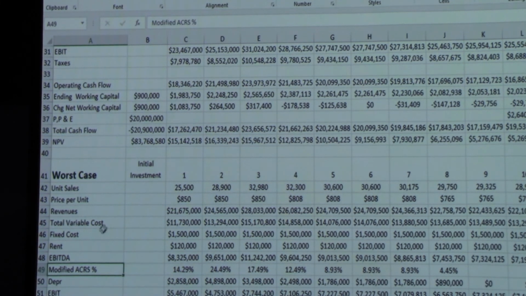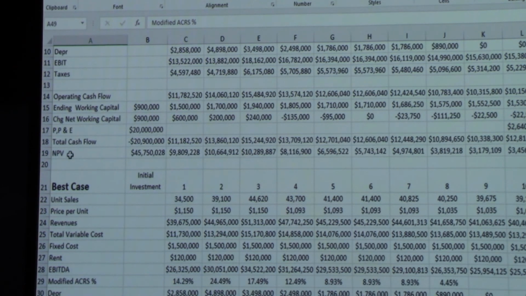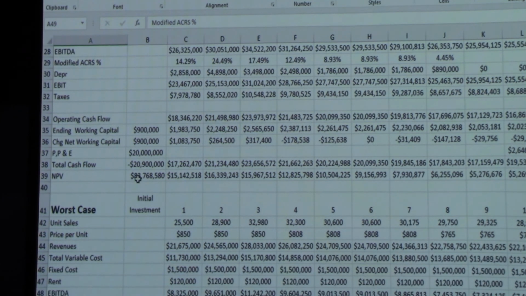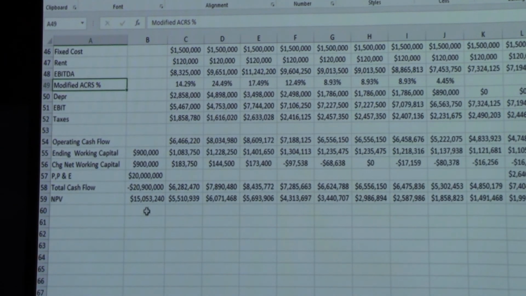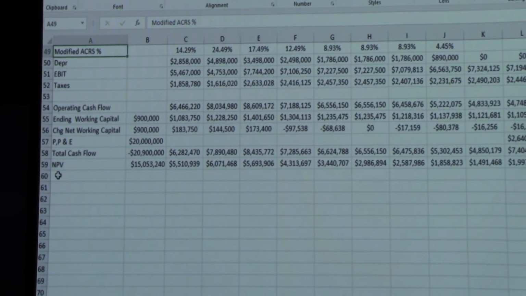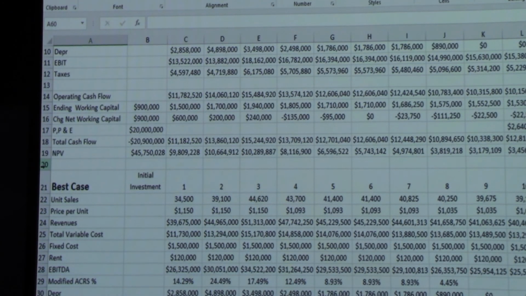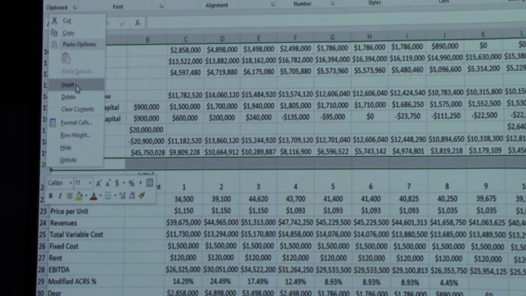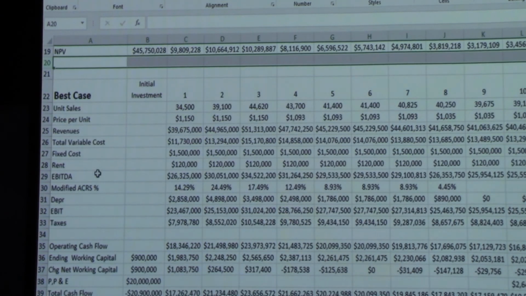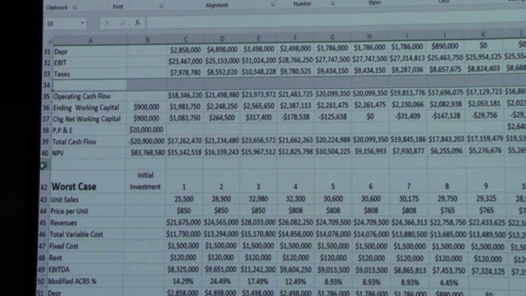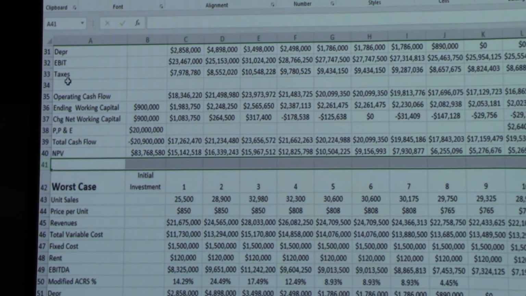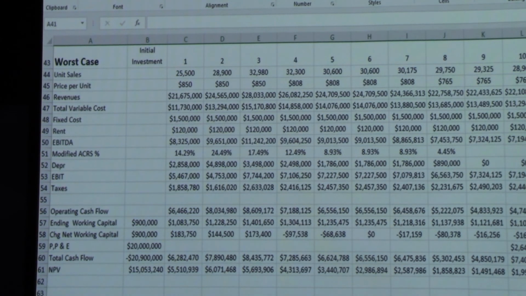All right. So let's look at our base case net present value and our best case net present value and our worst case net present value. Okay? Now, let's go ahead and add an internal rate of return onto this thing. How about that? Let's add a row. Give ourselves a little breathing space here. Insert a row.